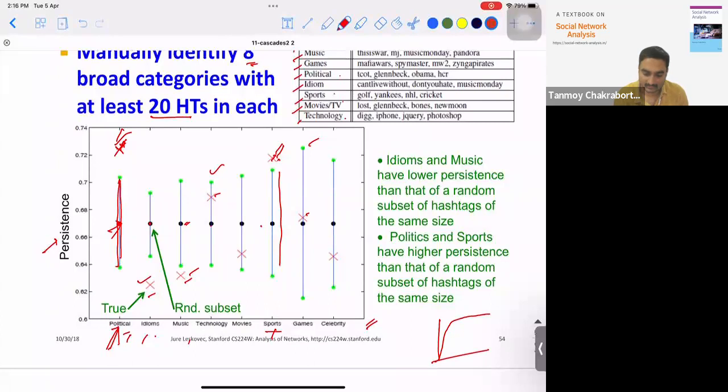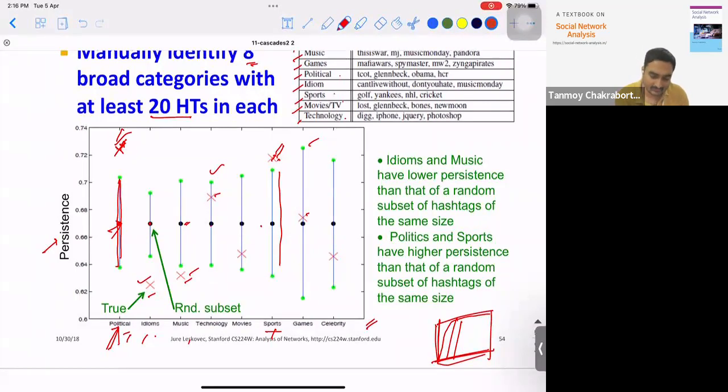Okay, it is higher. In fact, it tends to 1, meaning that the area under this curve and the area under the rectangle are kind of the same. So these kinds of events remain persistent, right? Political and sports, which is also evident.